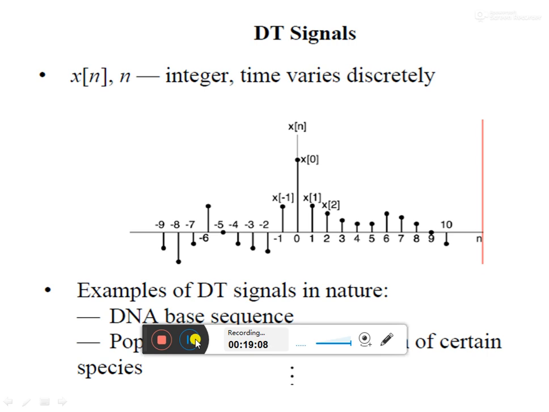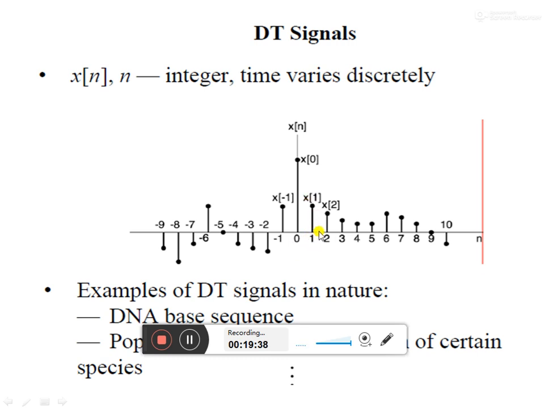At some discrete instants of time, the signal values are measured. As you can see in the diagram here, the independent variable is n, and the dependent variable is x. Here we have a value of the signal starting from the origin 0, and towards the right side your signal does not have a value continuously, it is broken.